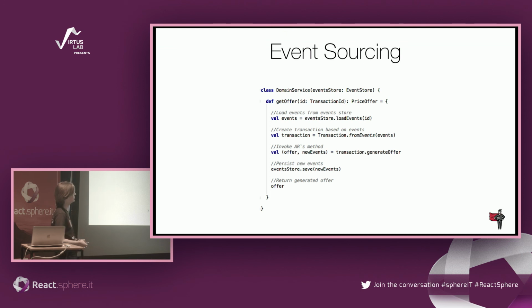We are building the transaction from events, so we have just a simple function which applies the events and builds the state. And finally, when we invoke the transaction generate offer, we have the offer and we have the new events which we need to persist as the result of our operation.